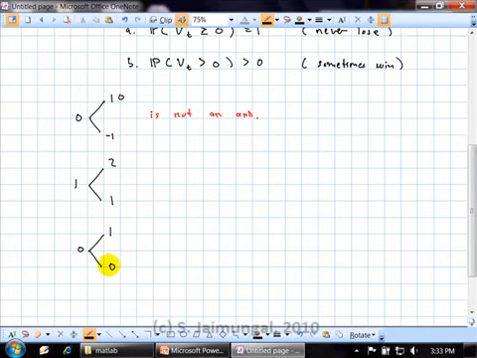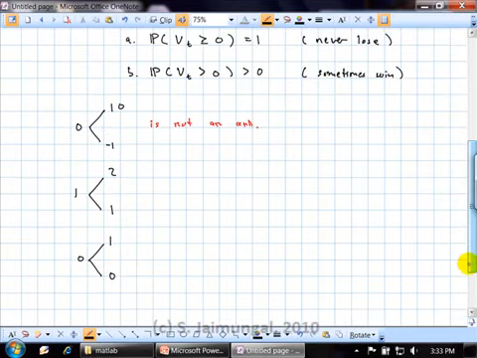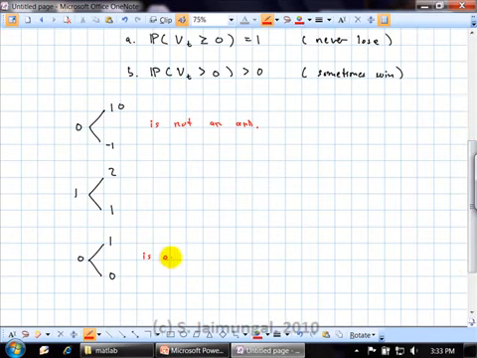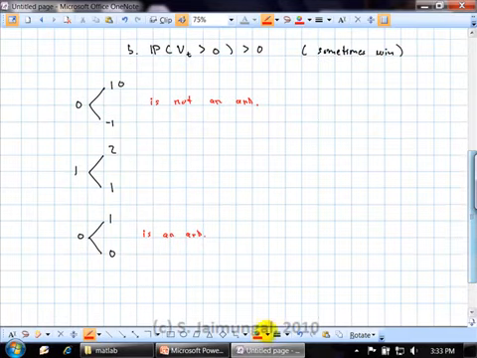So this is an arbitrage because, yes, I never lost. There are no states in which the value is negative, and there is at least one state in which I have a strictly positive value. So this is an arbitrage. Okay, let's go back to the one in the middle now.